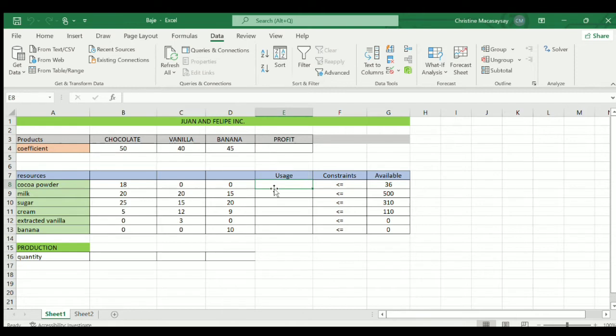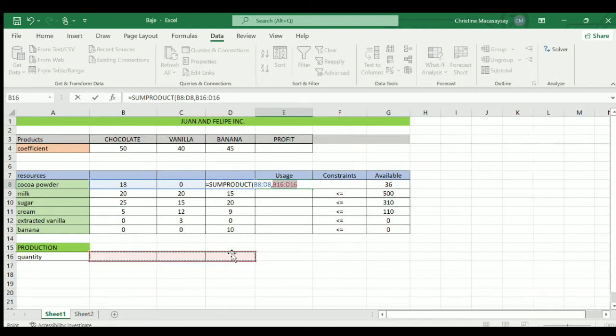In finding the answer, we need to input equal sum product, then highlight the cocoa powder times the quantity. Now, if you're wondering why we don't have any number in quantity, it is because the given data don't have the quantity. After highlighting all the needed data, we need to enter it. Then repeat the process.